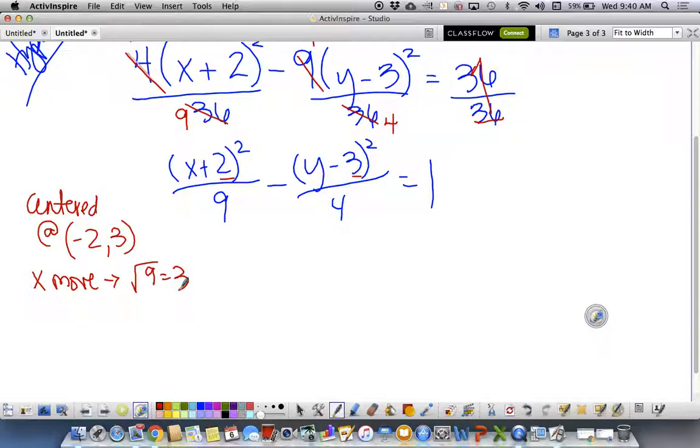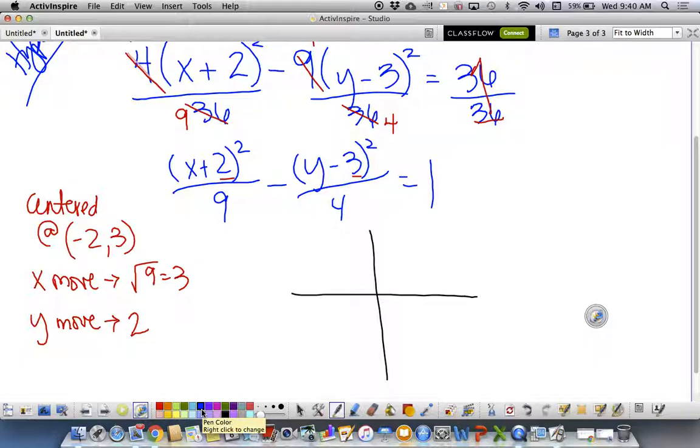Because when we wrote the formulas, it was over a squared and b squared. So you're going to take the square root of whatever number you get out of there. So the y will move up and down. How many? 2. So if we were to sketch this graph, our negative 2, 3, that's our center point, which will not be in our graph at all.